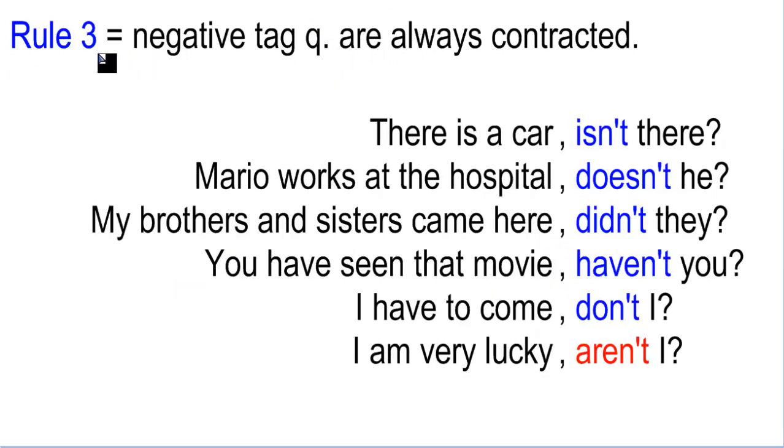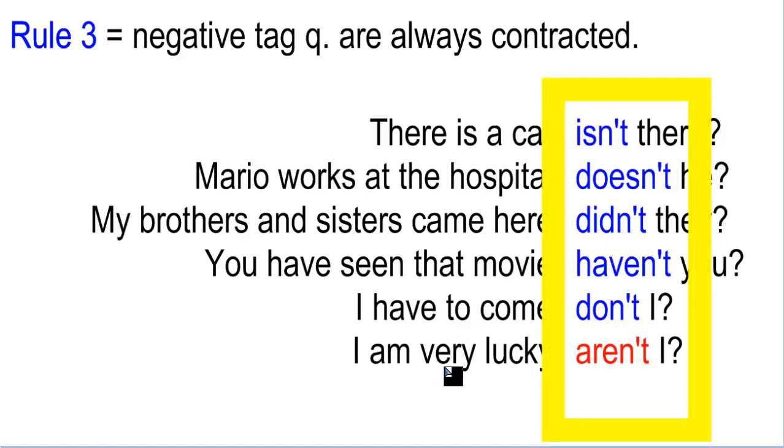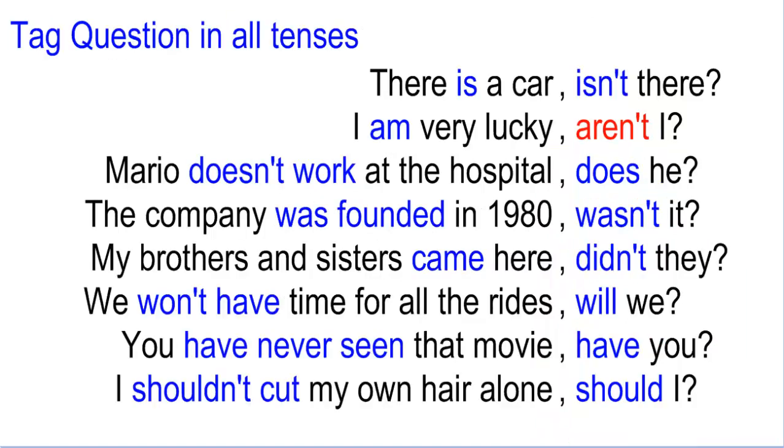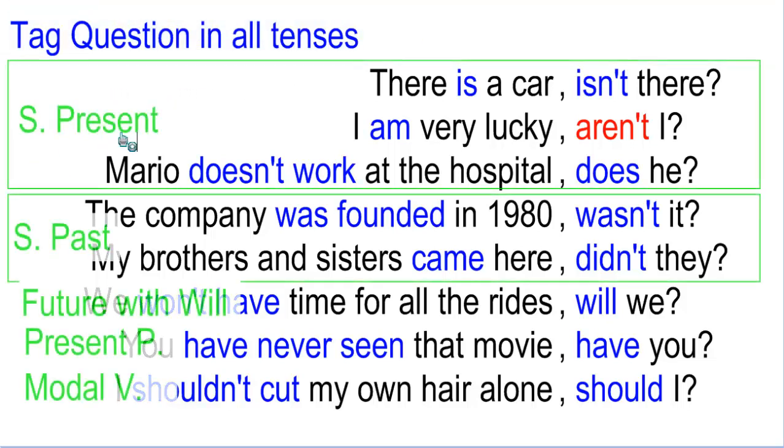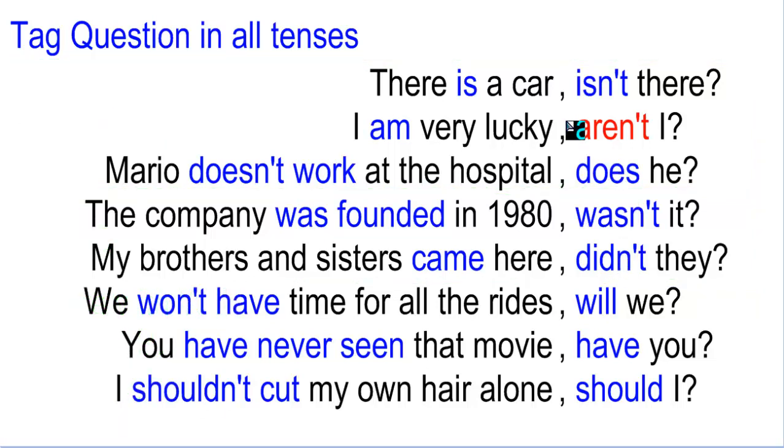So the rule number 3. Negative tag questions are always contracted. And remember, there is an exception. I'm very lucky. Aren't I? Okay, that's rule number 3. Now, also remember, please, that tag questions can happen in all the tenses. They can happen in simple present, simple past, future with will, present perfect, modal verbs, etc. Okay, in all of the cases you can have tag questions.